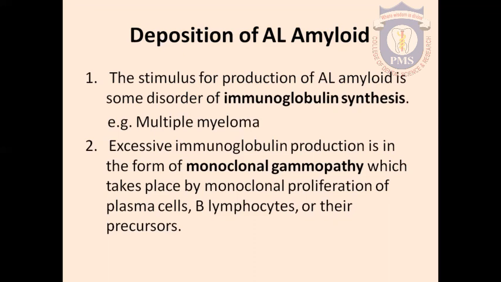Example, multiple myeloma. Excessive immunoglobulin production is in the form of monoclonal gammopathy, which takes place by monoclonal proliferation of plasma cells, B lymphocytes, or their precursors.